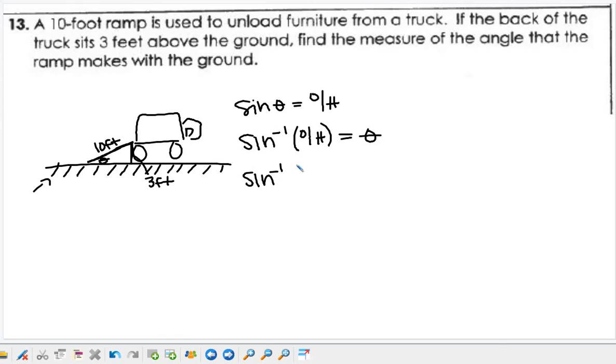So I have sine inverse. Opposite is 3. Hypotenuse is 10. So again, we go to the calculator. So second sine, 3 divided by 10. So we get that theta is approximately equal to 17.5 degrees.